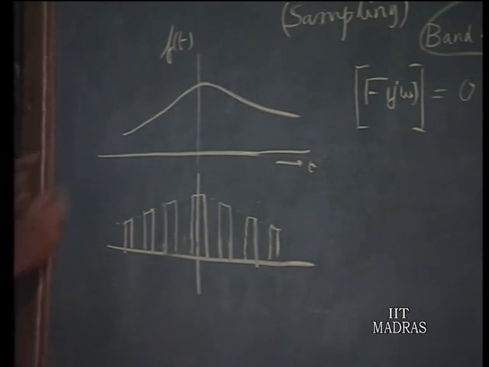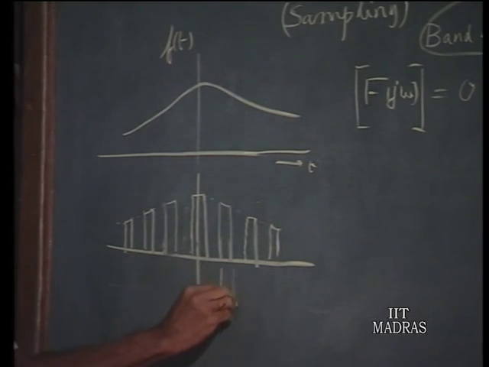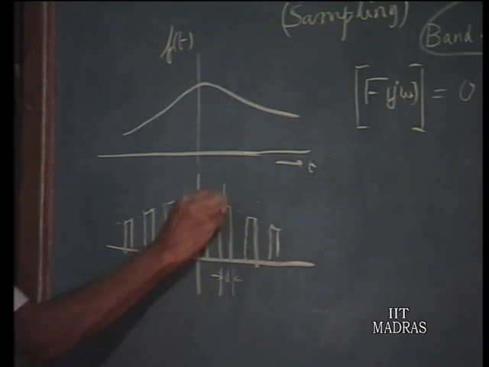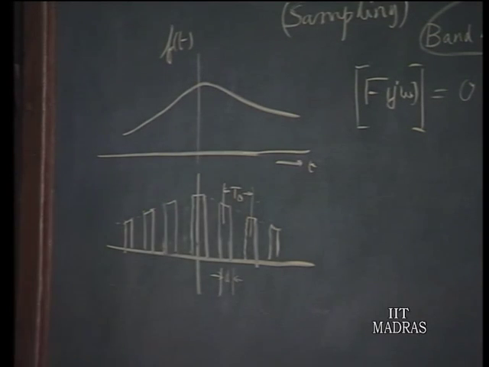So, we consider f of t for small intervals of duration d and the period between two successive samples is t naught. This we may call the sampled version of f of t. We will call that f star t. This is a sampled version.